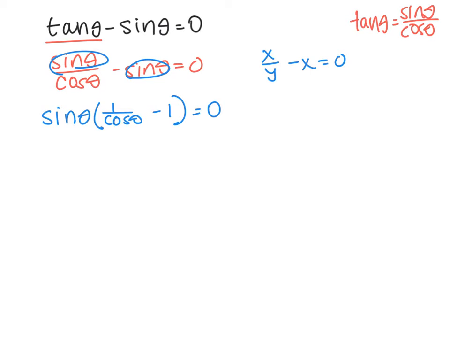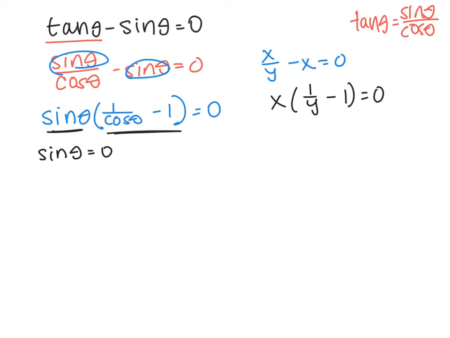Or if you want to look at this in the x and y's ways, you take that x, factor it out, you have 1 over y minus 1 equals 0. Either way, now we can separate this out. We have our two pieces, so either sine of theta equals 0 or 1 over cosine theta minus 1 equals 0. Now solve both of these separately.